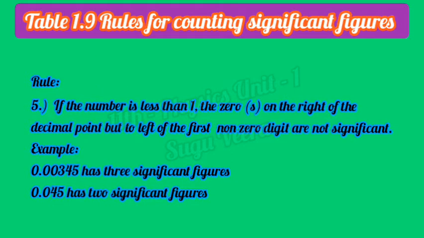Fifth rule is, if the number is less than 1, the zeros to the right of the decimal point but to the left of the first non-zero digit are not significant. For example, 0.00345 has 3 significant figures, and another example is 0.045, which has 2 significant figures.